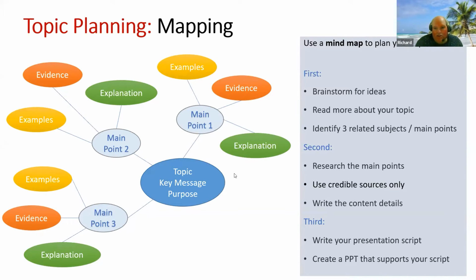So I've got here a very simple guide. First it says brainstorm for ideas, and then basically you're looking for just some concepts or some words to help you start, and then read more about your topic.